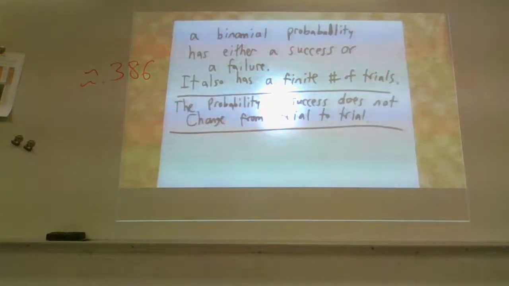Hey, this word problem that I just threw at you, is it a binomial problem? Well, hold on, let me check. If you read into the problem, is there only the possibility of getting a success or a failure? Yes, okay. Are there a finite number of trials? Yes, okay. Does the probability remain the same from trial to trial?